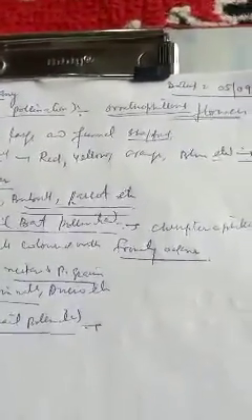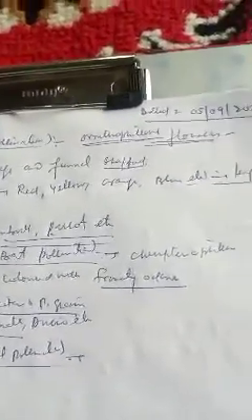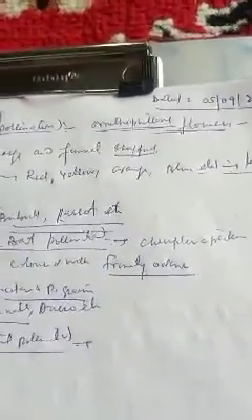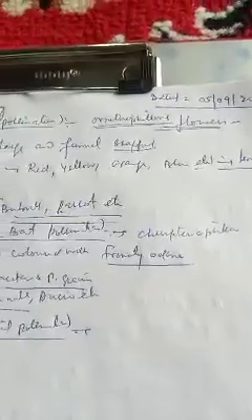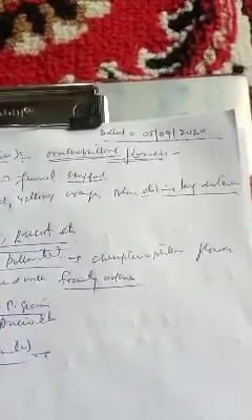The pollination by the agency of snails, or the pollination in which the transfer of pollen grains takes place from anther to the stigma by the agency of snails or with the help of snails, is called Malacophily, and such flowers are known as Malacophilous flowers.